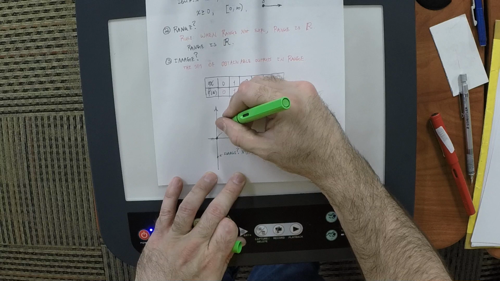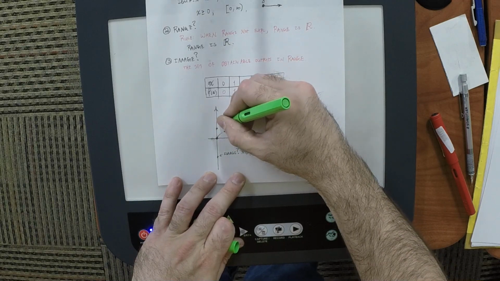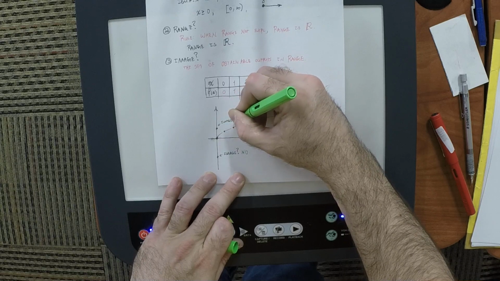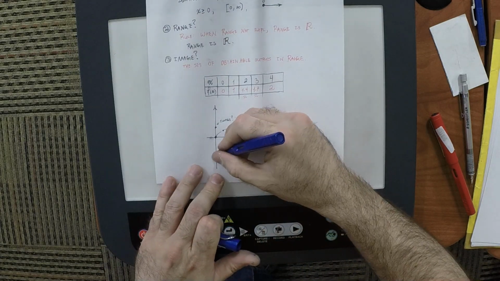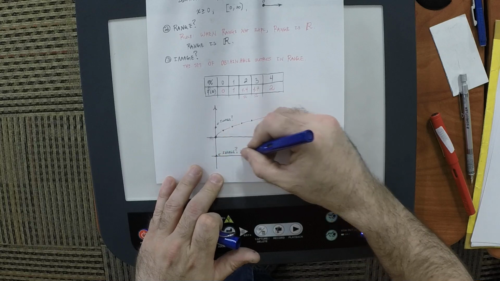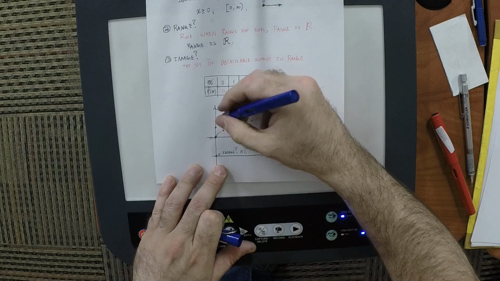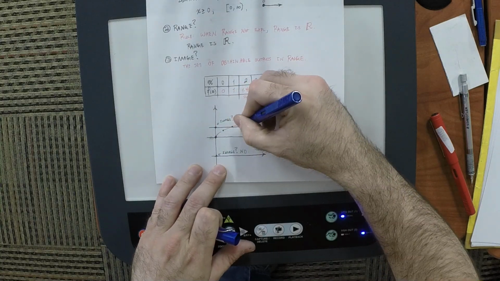What about, is this one in the image? Yes. The reason why this one is no is because notice that there's no intersection with this line. The reason why this one is yes is because there is an intersection.